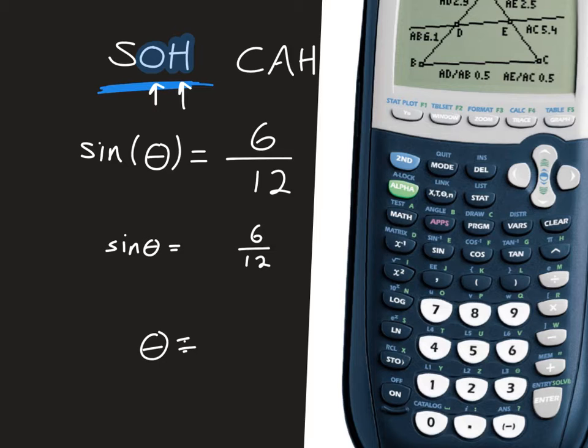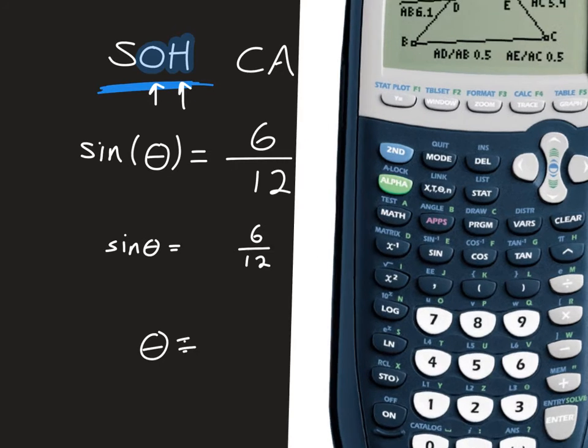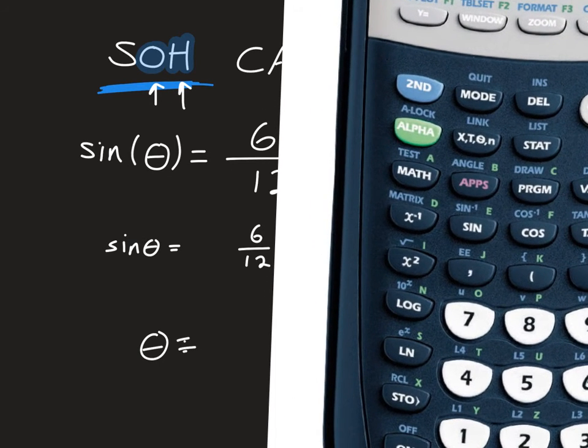And I'm looking for what will undo taking the sine. On this calculator, if I find the sine button, here's my sine button right here, you'll see what's in blue right above the sine function, and that's sine to the -1, which is the inverse sine, which is by definition the inverse operation.